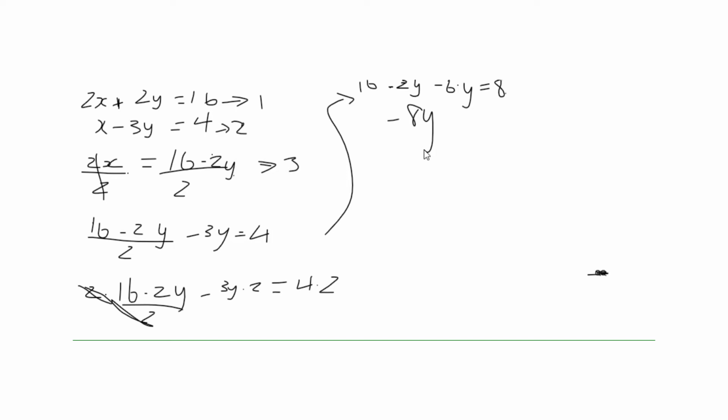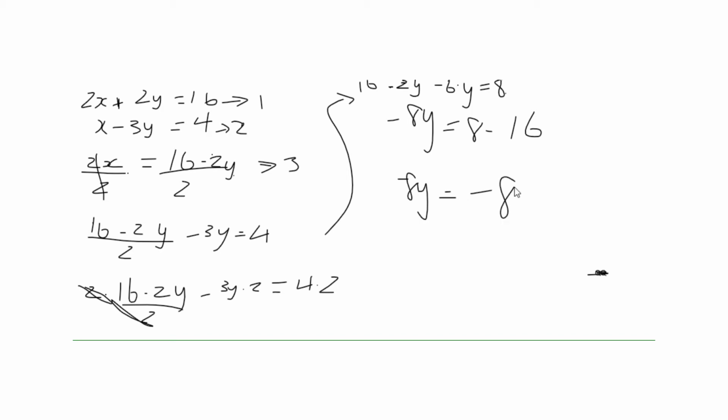What we're going to do next is bring over the 16, so that would be negative 16. So we're going to have negative 8y equals positive 8 minus 16, that's negative 8.